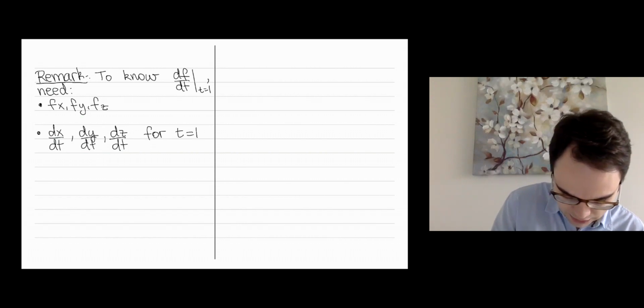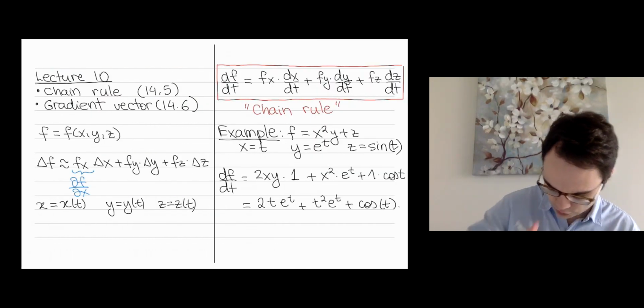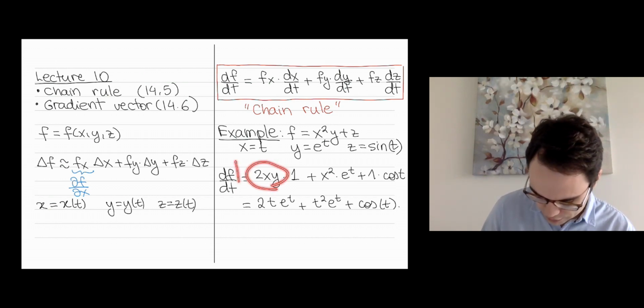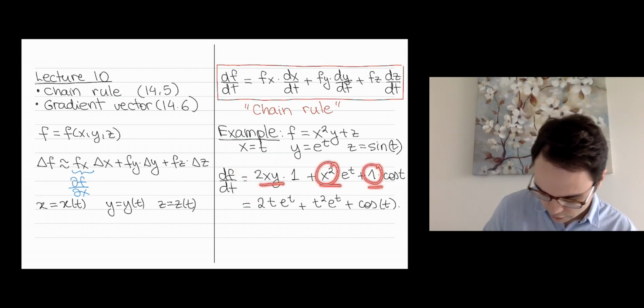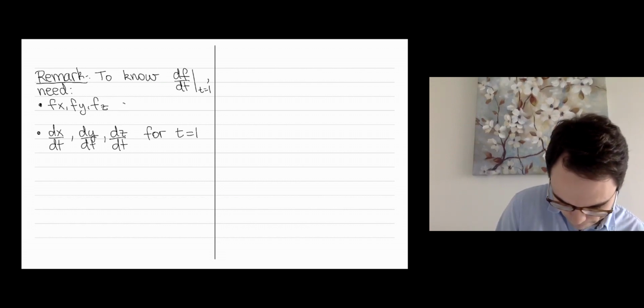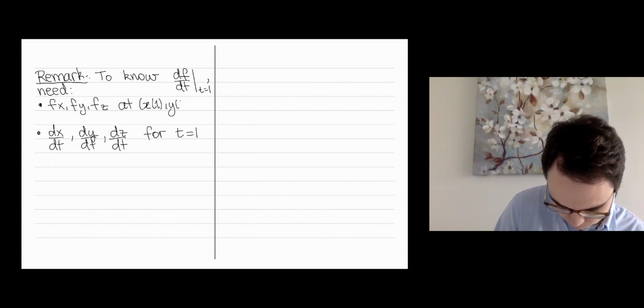So, to jump between two examples, my apologies: in the previous example, if I just want this derivative when t is 1, I need to know these values when t is 1. So I need these derivatives at the point x of 1, y of 1, z of 1.